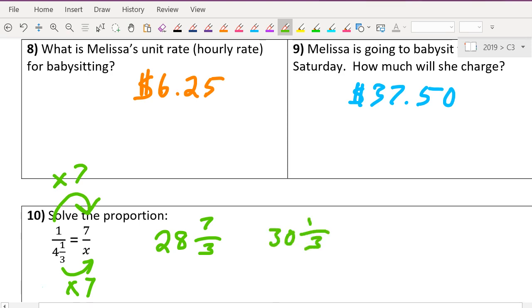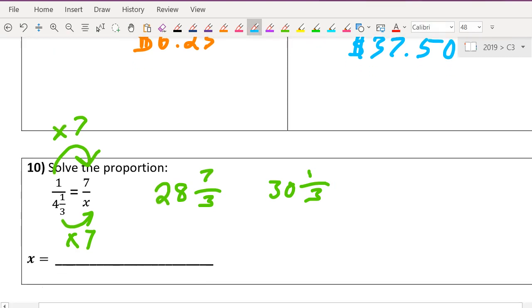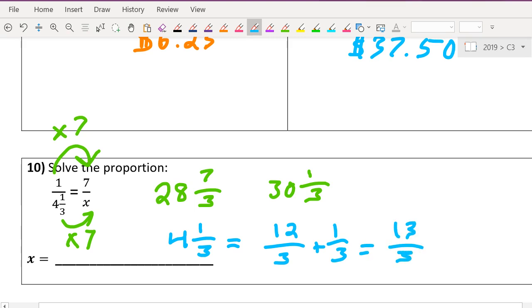However, you could do improper fraction. To me, that's longer, but that's okay if you get the right answer. So 4 1/3. We're going to change that to improper. What is it? 13 over 3. Right. 4 times 3, right, 4 wholes. So that's 12/3 is 4 wholes. Plus we still had the 1/3. So 13/3. And now we multiply times 7. Man, that's a big number.